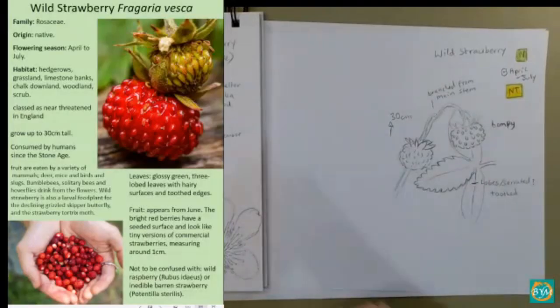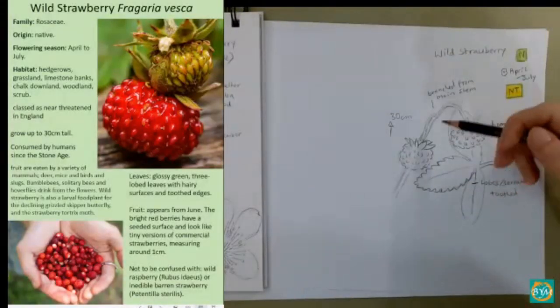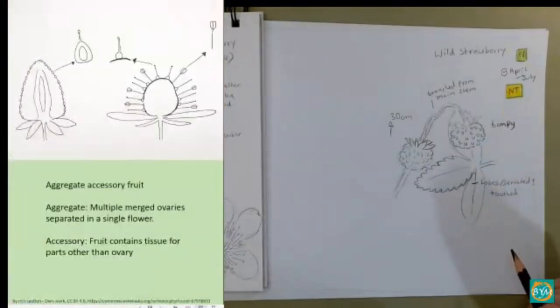So, well, kind of. The strawberry itself, the whole thing we think of as a strawberry with that nice inside, is not a fruit, and it's not a berry. It's a false fruit or an accessory fruit.